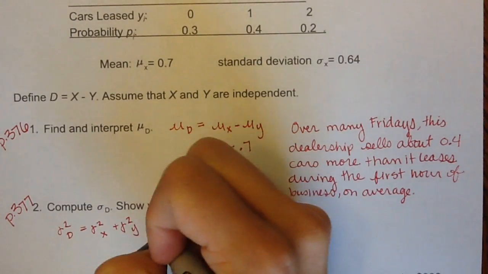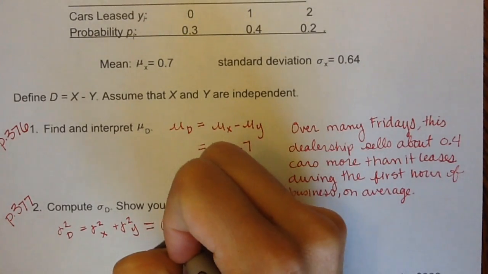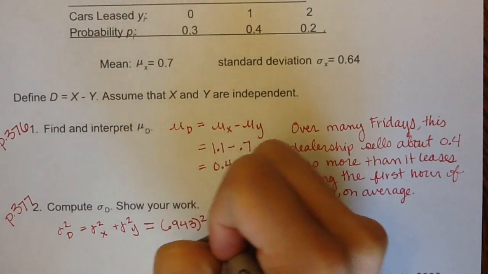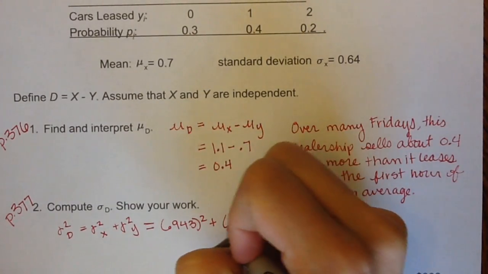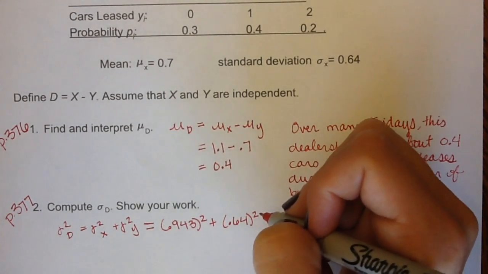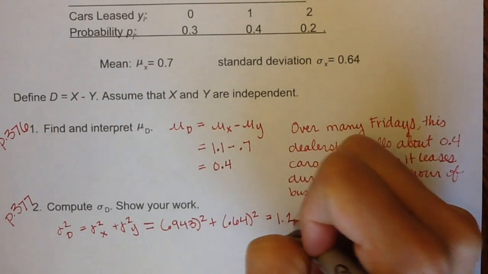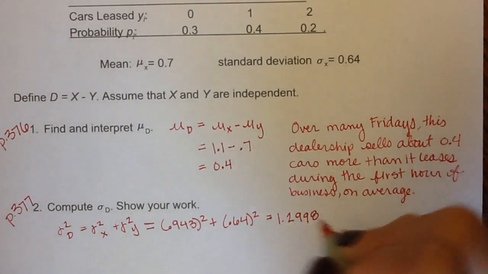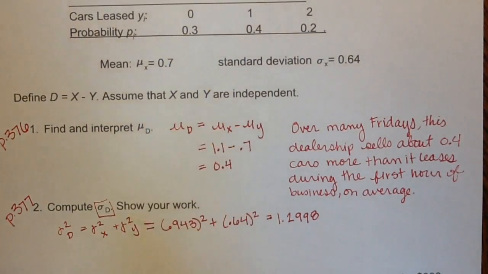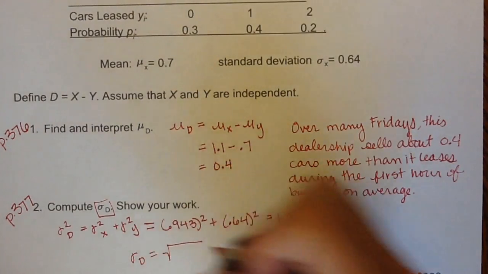So we are going to take, in this case, our standard deviations, which was 0.943, and square that, plus the standard deviation of the second one was 0.64, and square that, and we get 1.2998. So if we're going to compute the standard deviation of D, we're going to take that variance that we just calculated and get the standard deviation by taking the square root of that.